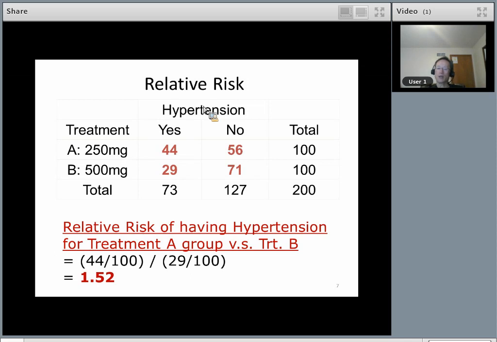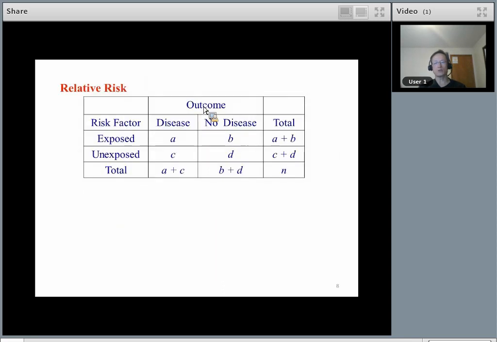But anyway, if I assume this is from an experimental study, where we properly control all these possible confounders and do randomization, then this result tells us treatment A is probably worse than treatment B. You have a higher risk of having hypertension. And again, this gives you an idea of how relative risk is defined: it's based on the ratio of two conditional probabilities.